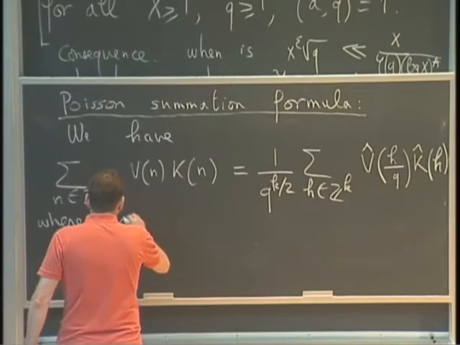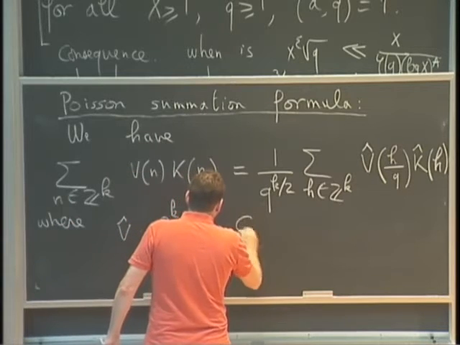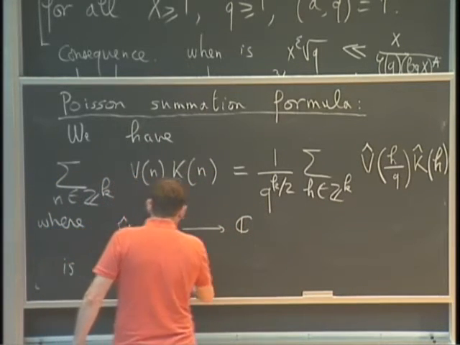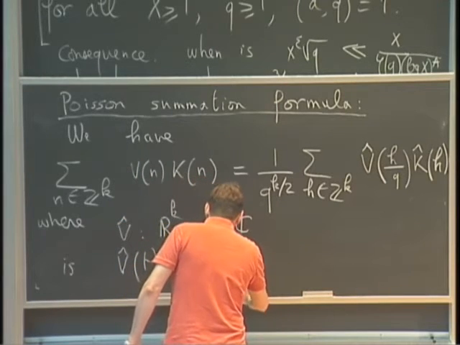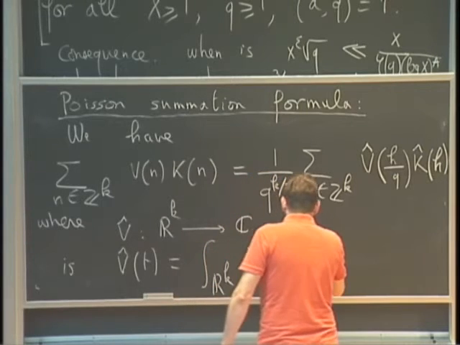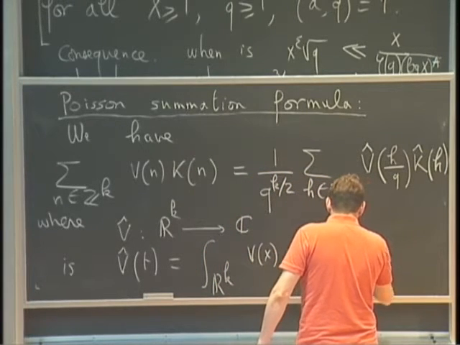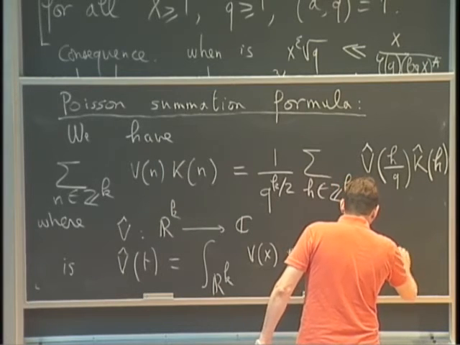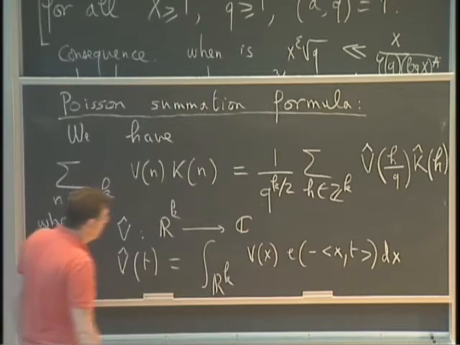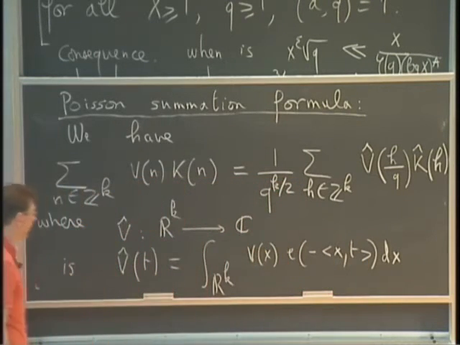So V hat is defined on R^k again into C. V hat of t is the integral over R^k of V of x e of minus the inner product of x with t, dx. So standard Lebesgue measure, e is the exponential e(z) = exp(2 i pi z), and that's the standard inner product, the sum of x_i t_i.